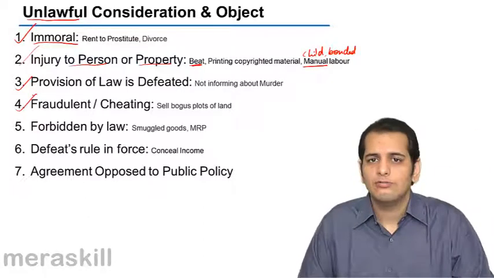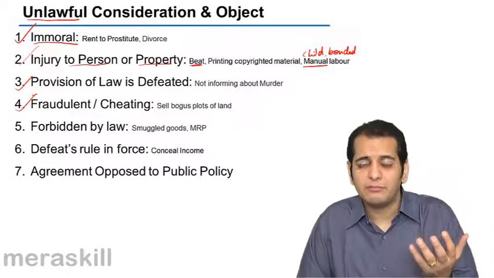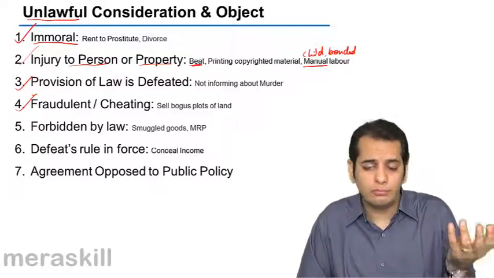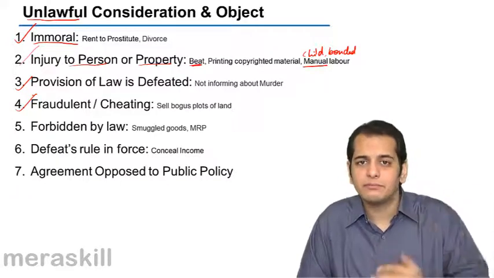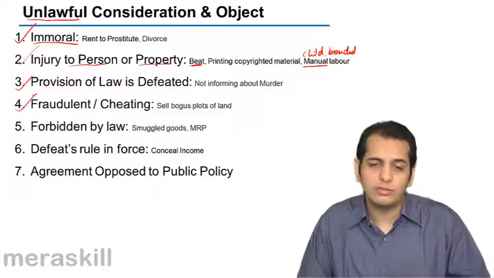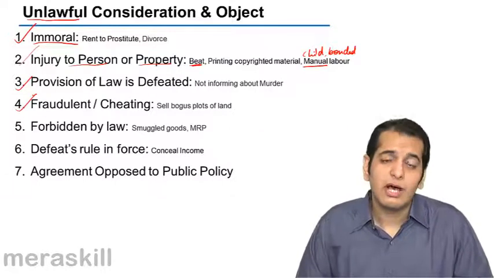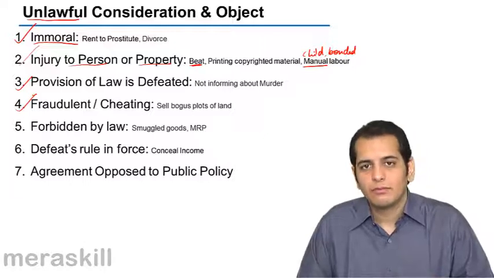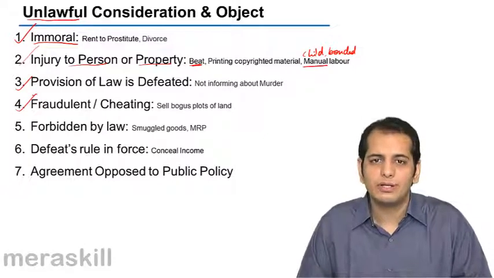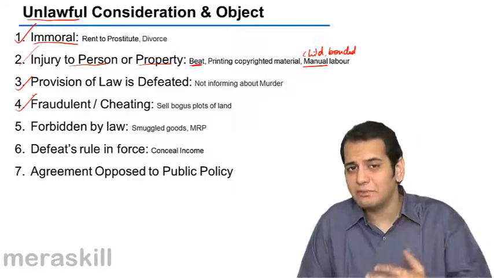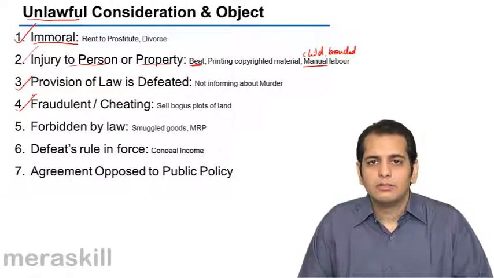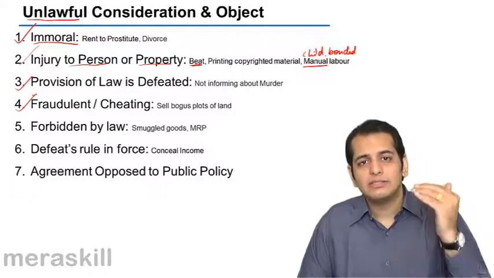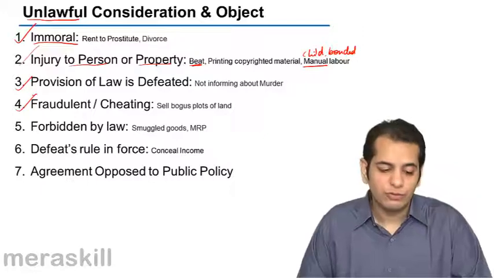That is a fraud. At the same time, you do not own any plot of land, yet you sell them, showing that you are the owner. This again would be a fraud, this again would be a cheating. So such contracts wherein you are defrauding people, wherein you are cheating people, will also be considered as unlawful.